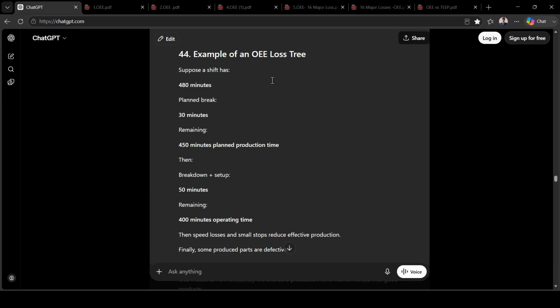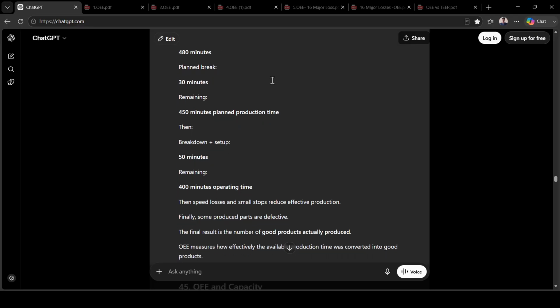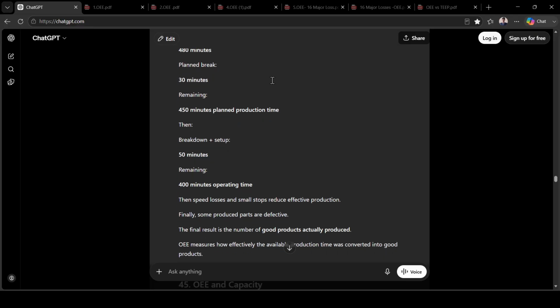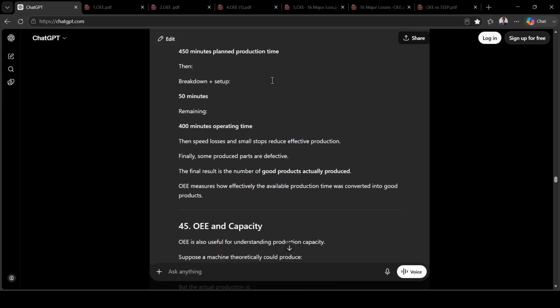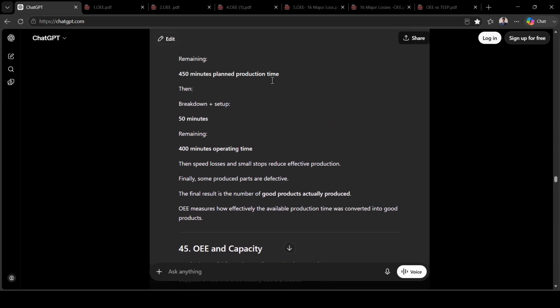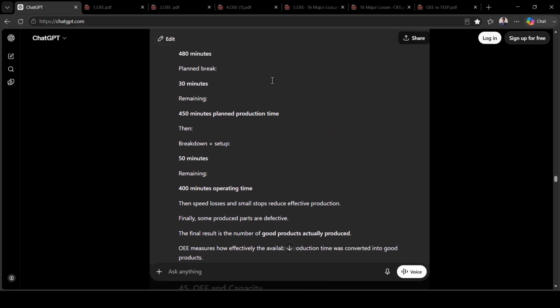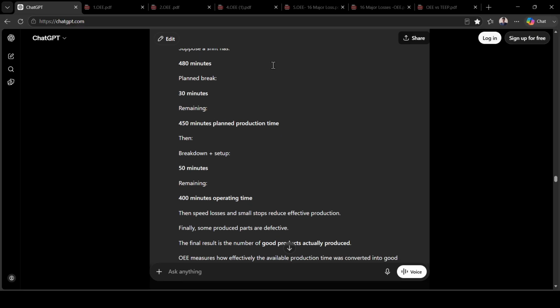Then speed losses and small stops reduce effective production. Finally, some parts produced are defective. The final result is the number of good parts actually produced. So OEE measures how effectively the available production time was converted into good product. This is the real example.